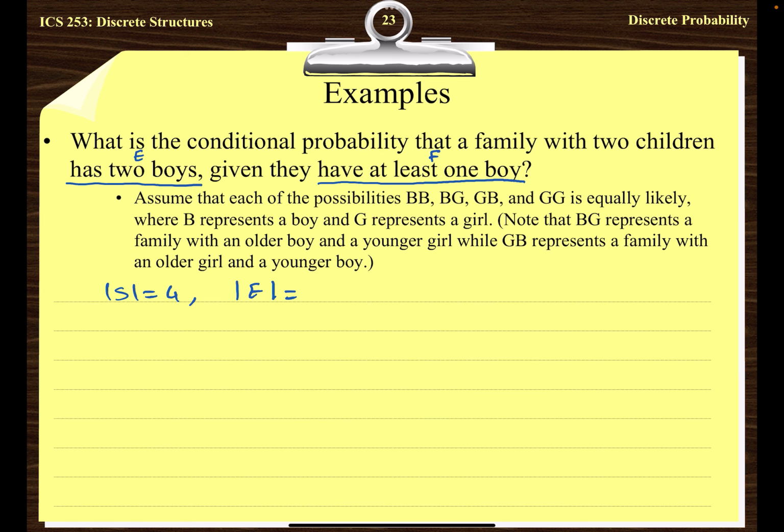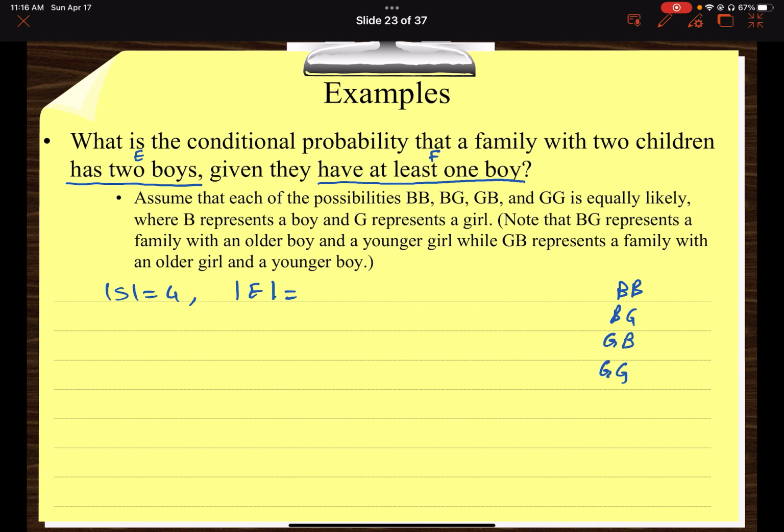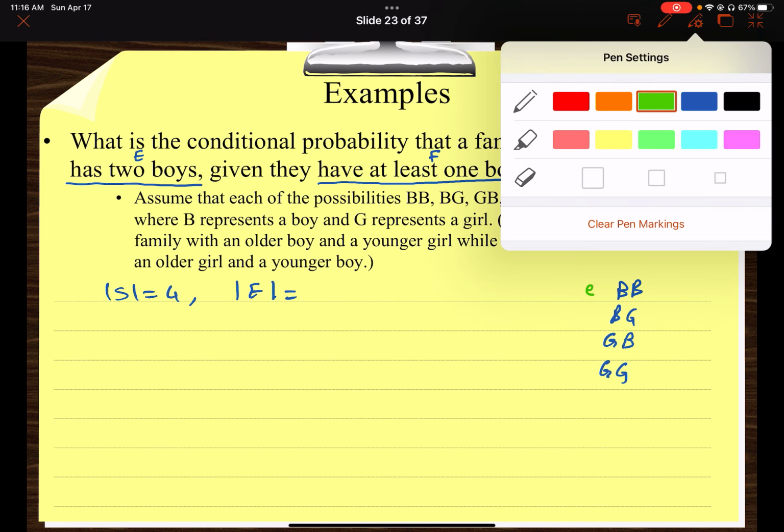Well, since I have here boy boy, boy girl, girl boy, girl girl. So let's do what we did in the other question. So E in this case is to have 2 boys, right? This is my E. Do I have any other one that has 2 boys? That's it, right? Okay. Given they have at least 1 boy.